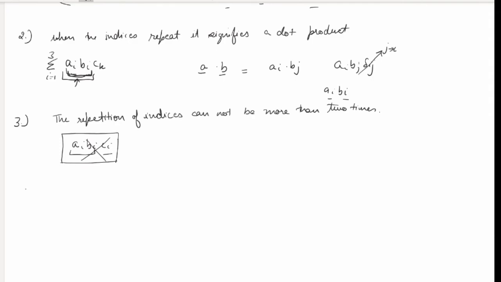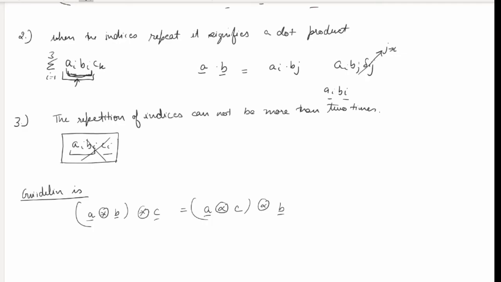Then a guideline is that when we are trying to represent an equation which has a left hand side and right hand side, for example, if we have A, B, and then some operation C, then on the right hand side also we are using the same vector A, and we have some other operation with C, and then some other operation with B. Then we try to use the same index on both sides for the same vector.